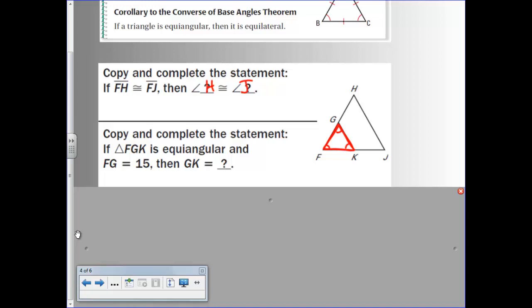And if FG is 15, we want to find out, well, how big is GK? So if it's equiangular, it's also equilateral. So if this is 15, that's 15. How big is this one? 15. Oh, look at that. GK is 15.